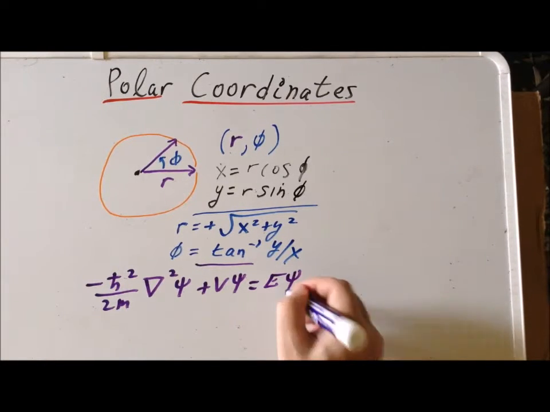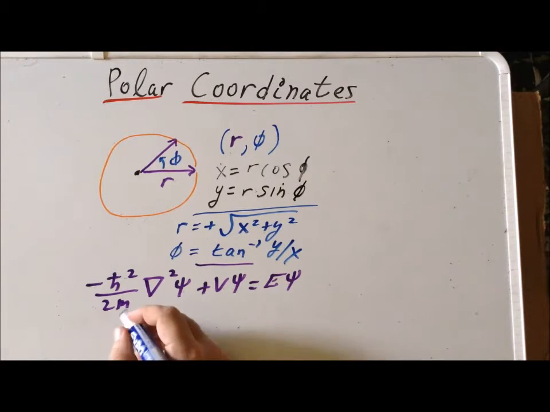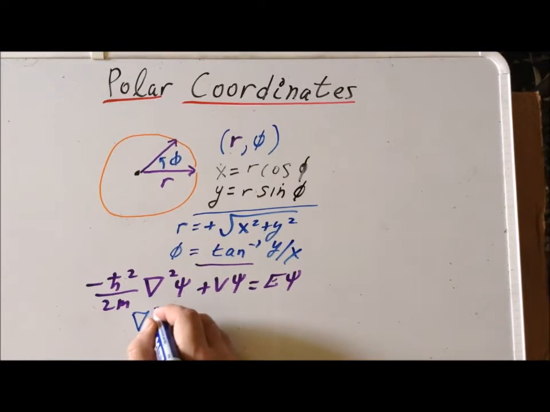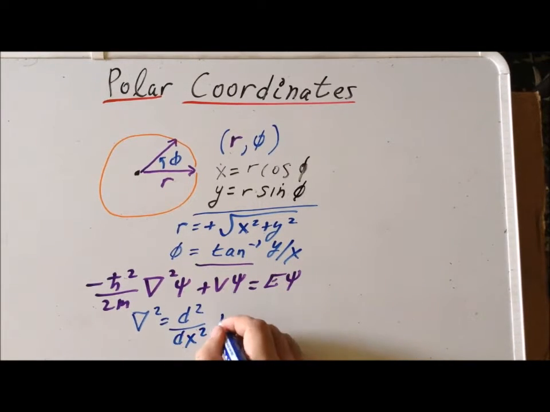So this particular operator, sometimes called del squared or the Laplacian, has a particularly simple form in Cartesian coordinates. So we can write del squared as equal to the second derivative with respect to x plus the second derivative with respect to y. That is the form that it has in Cartesian coordinates.